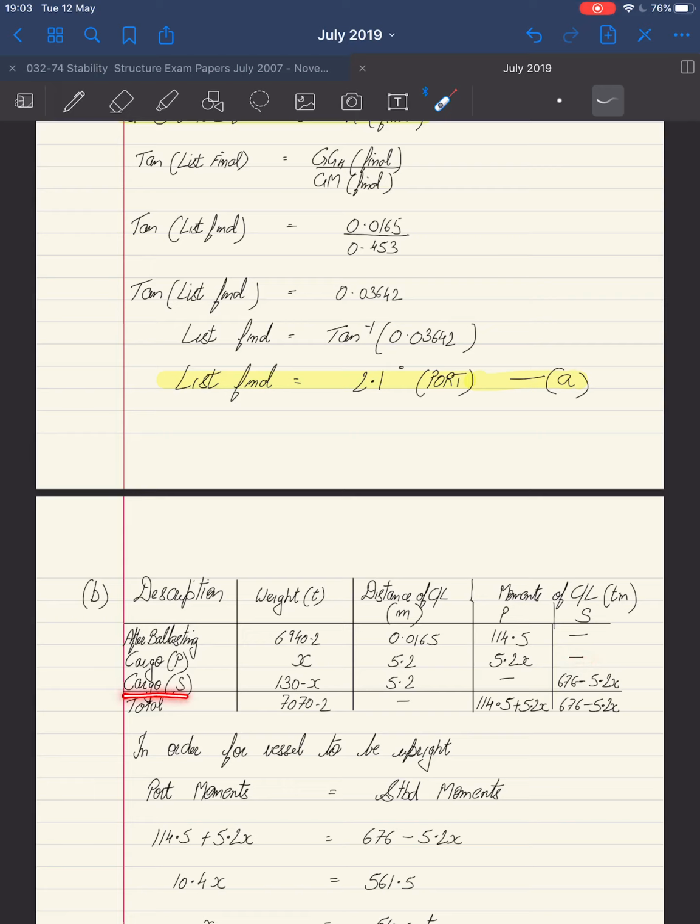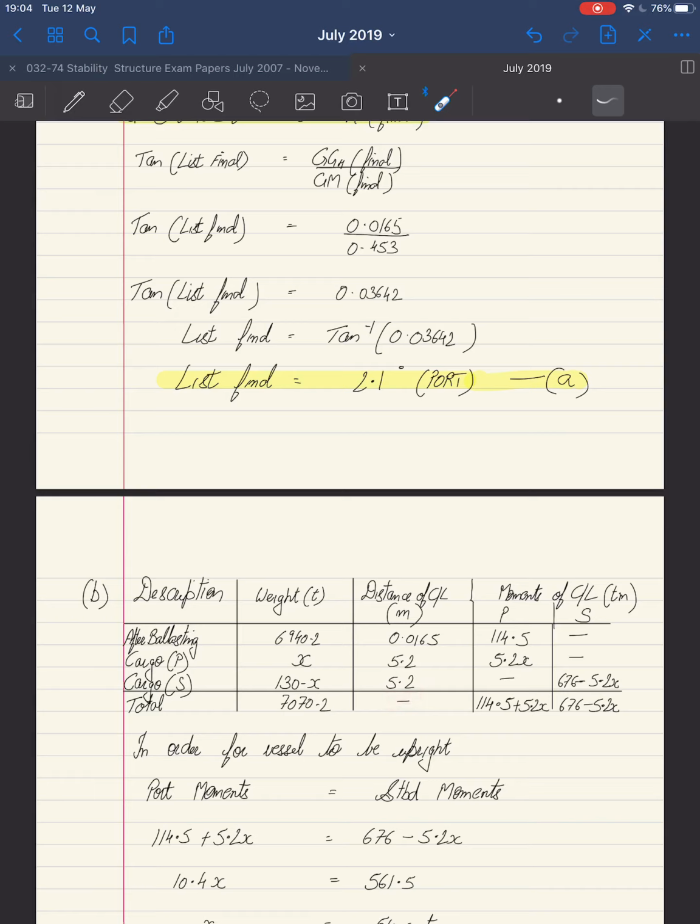Now, cargo to load on starboard side would be 130 minus x, because total cargo to load was 130 tons. If we consider that we have loaded x tons of cargo in port direction, then the remaining cargo to load in the starboard direction would be 130 minus x. The distance of center line is 5.2 meters, again given in the question.